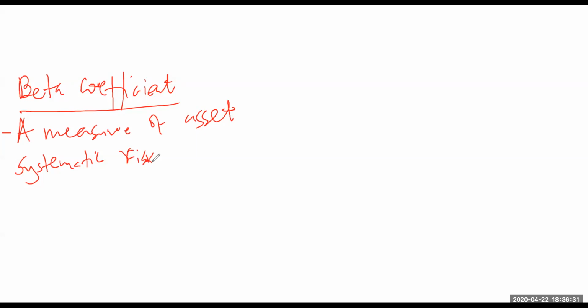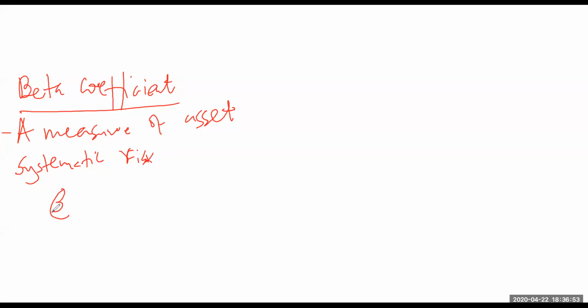And with the beta, you're trying to compare the risk that you expose yourself to as an investor versus the market, so it can also be referred to as a measure of market risk. How much risk do we expose ourselves to compared to the entire market?